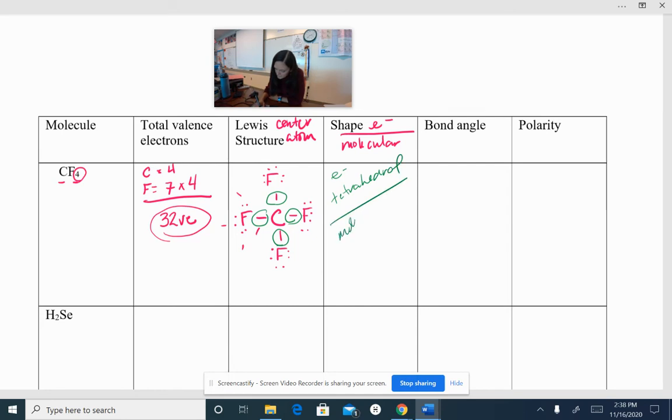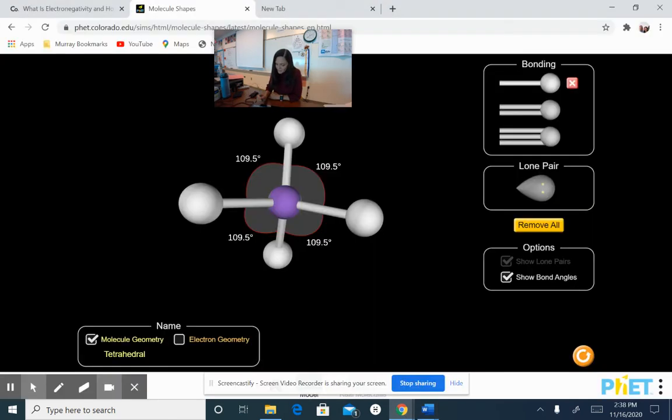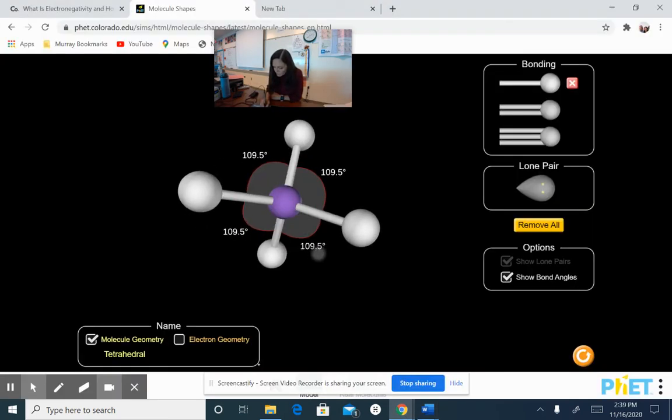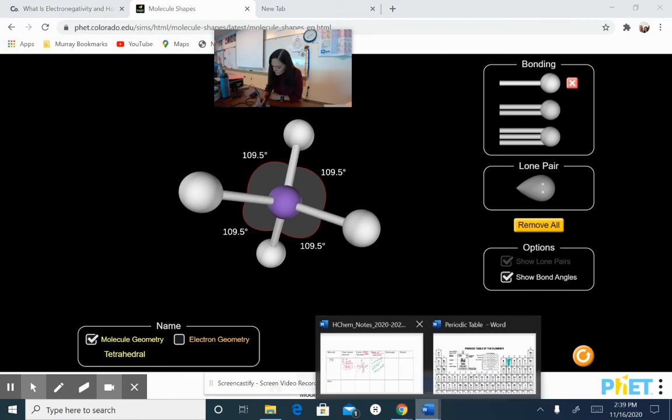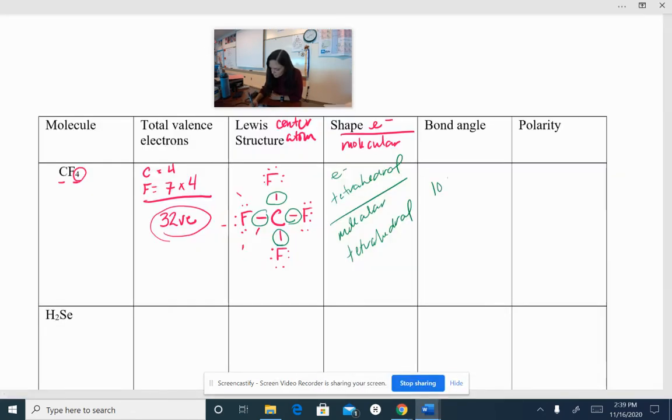My molecular is also tetrahedral. So that is my geometries. Now, if I look back at the PhET, my bond angle is 109.5 degrees.